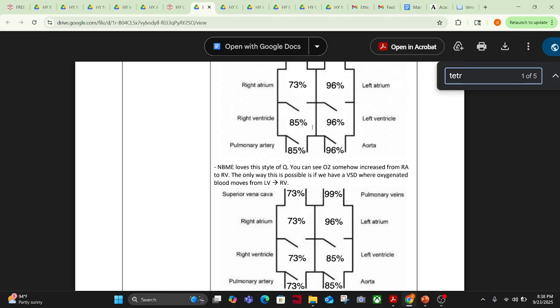If the VSD is repaired in tetralogy of Fallot, there will be increased left ventricular pressure, decreased left atrial pressure, and decreased right ventricular pressure.